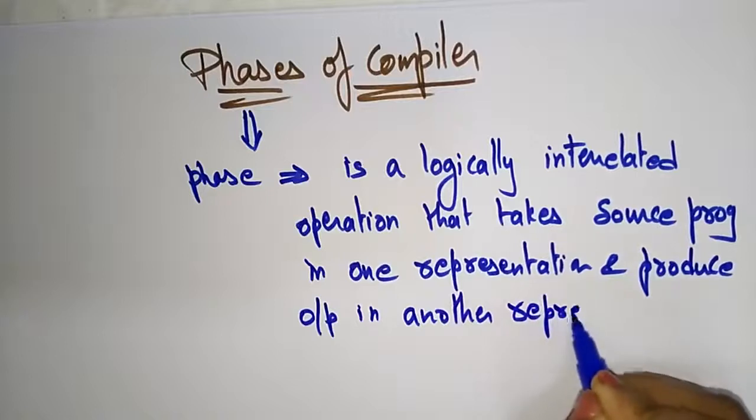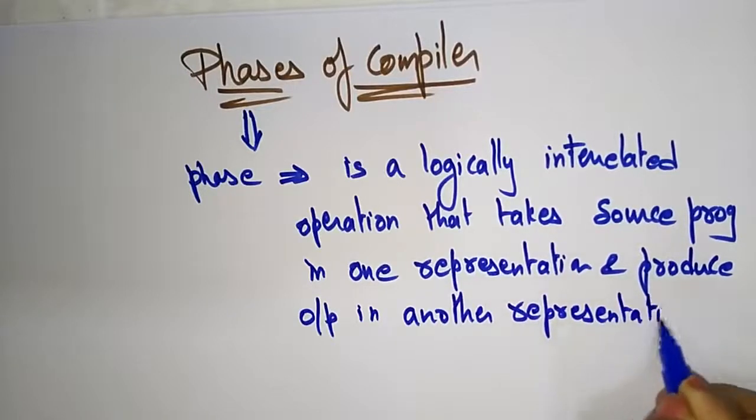So a phase takes an input and gives an output in another form. In the compiler there are different phases, and each phase gives its output as input to the next phase. Whatever input it takes is converted and output in another format. That is a phase.